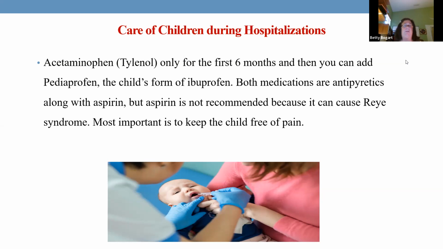Aspirin, no, we do not give it. The only time is Kawasaki disease, where it prevents the clots and that vasculitis. But if we give aspirin, the chances of Reye's syndrome go up, so we don't want that. And again, our goal is not just morphine. It could be Tylenol and ibuprofen.